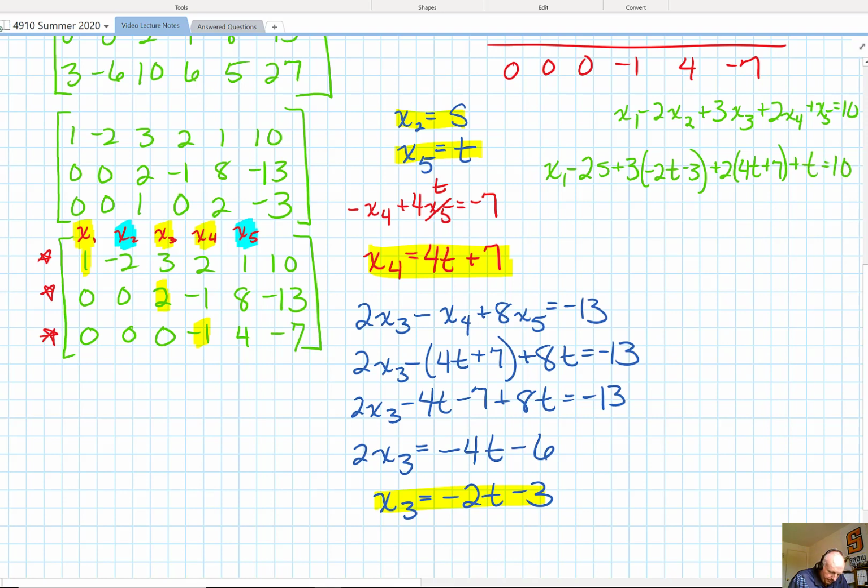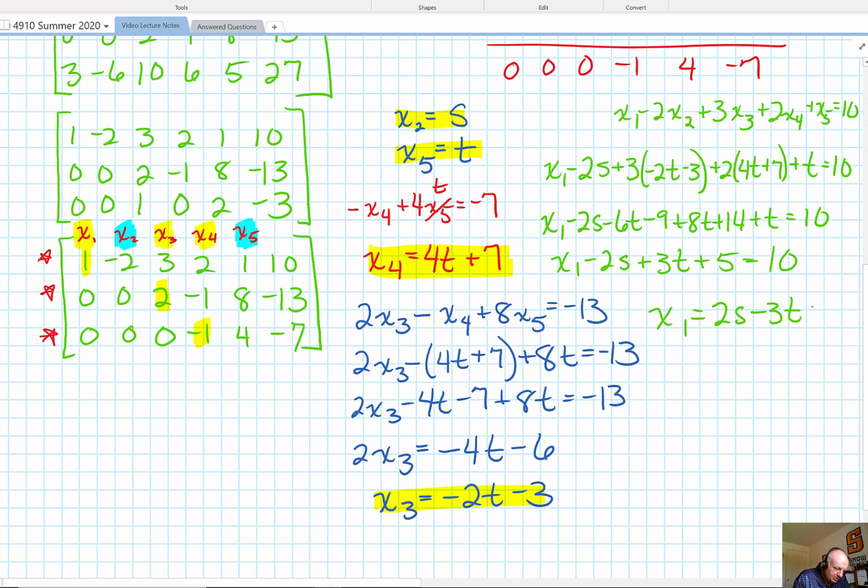It's kind of long. So x sub 1 minus 2s plus 3t plus 5 equals 10. That tells us x sub 1 equals 2s minus 3t plus 5, and there's the formula for that.